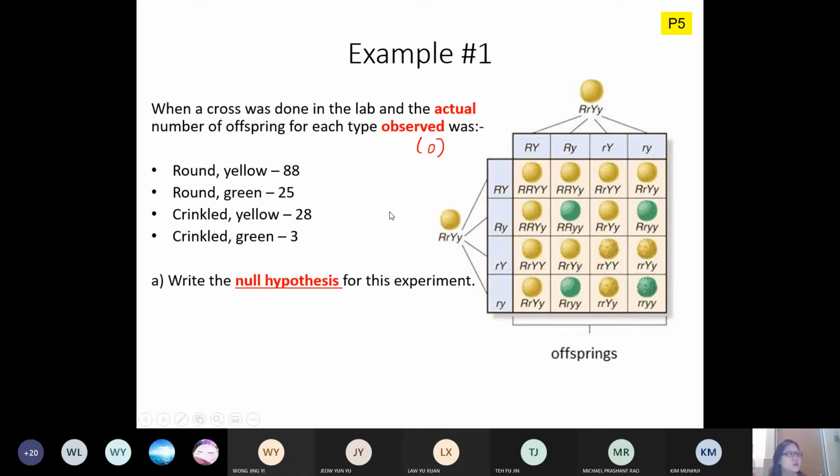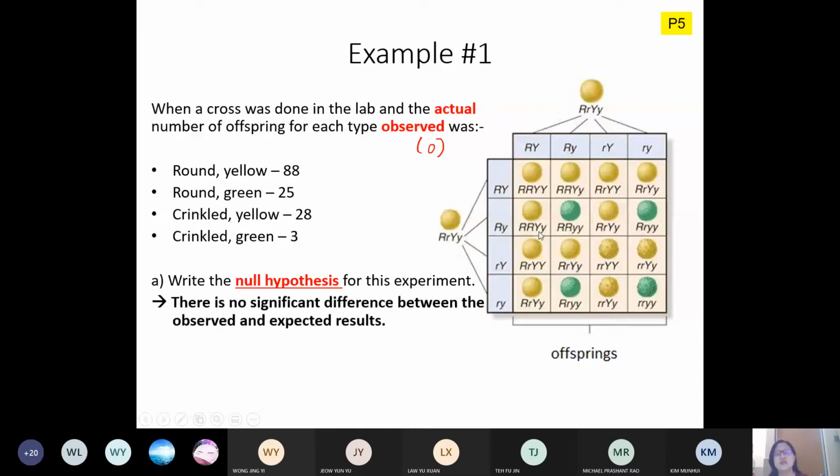But we're going to start with writing the null hypothesis for the experiment to start off the statistics test. Number one, what is the null hypothesis? There is no significant difference between this and this. And in the chi-squared case, between the observed and expected results. You want to be more specific? Can.